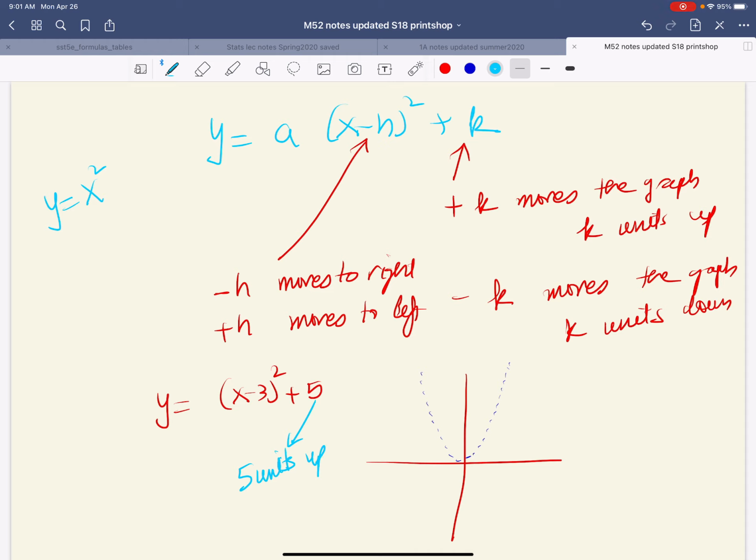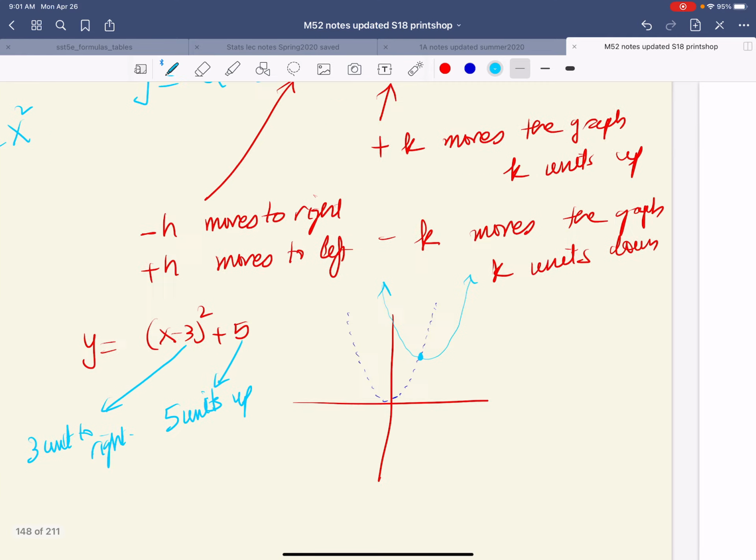So I can just pick 3 points, or 5 points, on my original parabola, and move every point 5 units up and 3 units to the right, because the vertex is going to be 3, 5. It's going to be something like this. Every point gets moved 3 units to the right and 5 units up, and that's how my parabola is going to look.